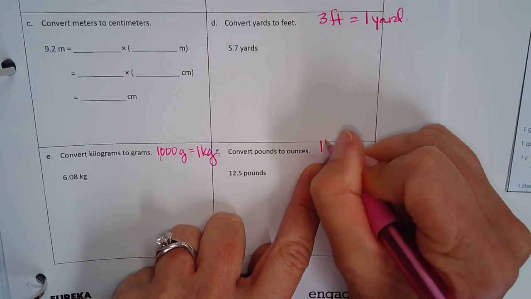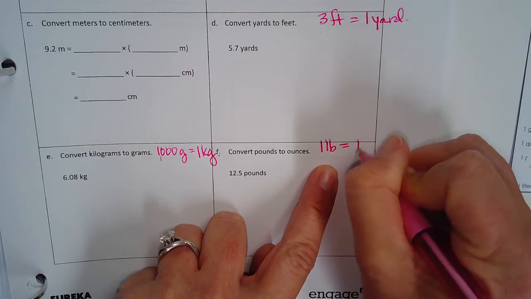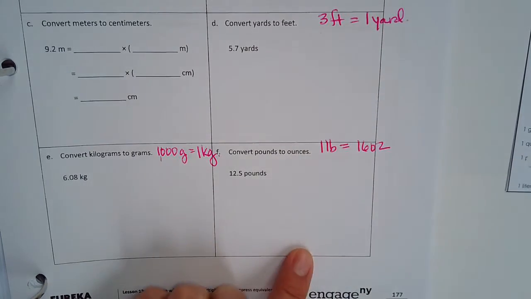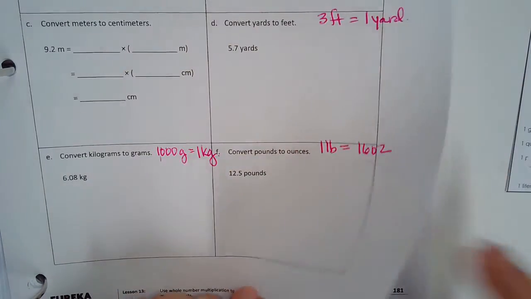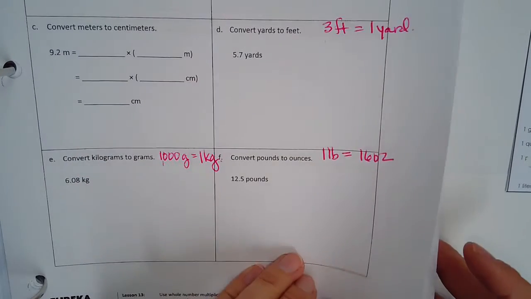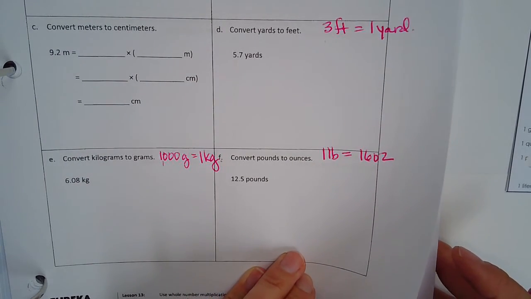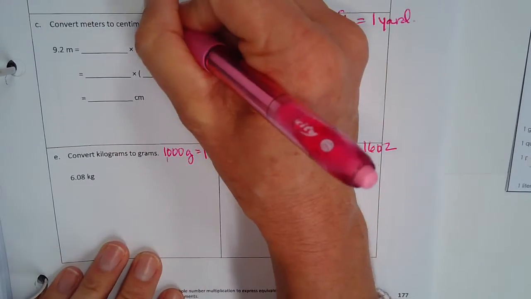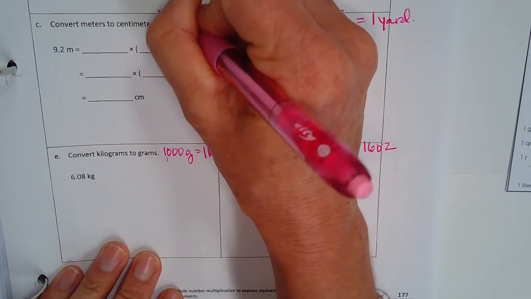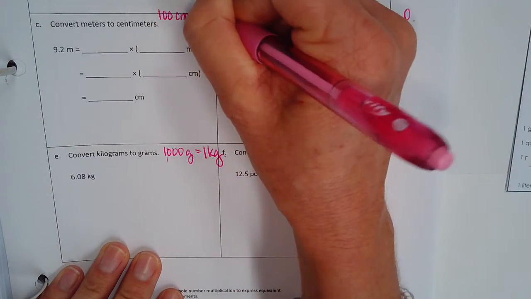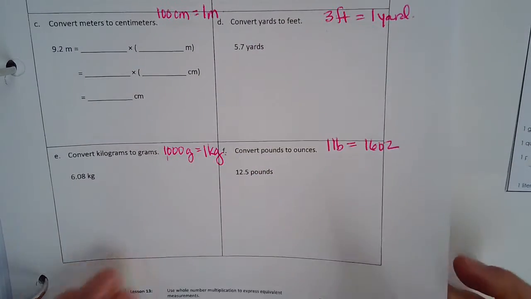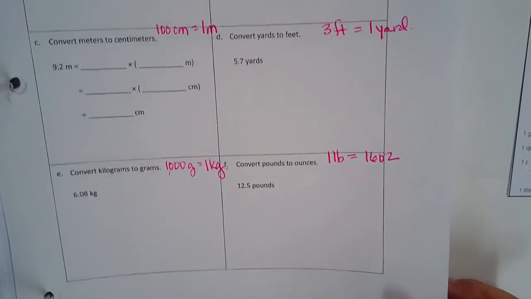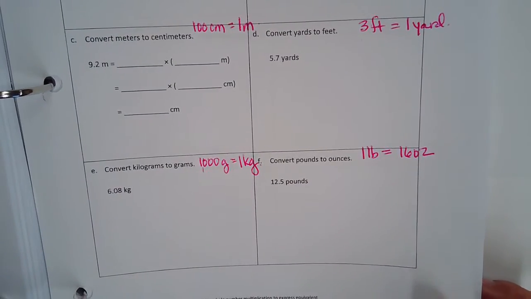And 1 pound is equal to 16 ounces. Okay, these are those little nuggets of knowledge here. There are 100 centimeters in 1 meter, right? So using what you know to convert.